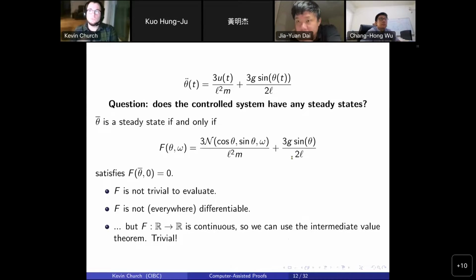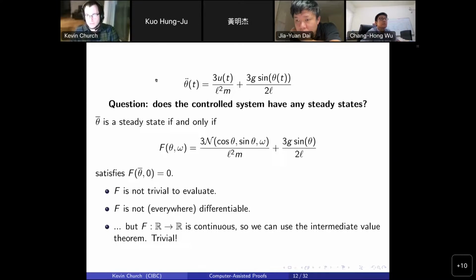A preliminary question, which is actually not too hard to answer, is: does this controlled system have any steady states? U up here in this very top equation is that neural network from before. For second order ODEs, we're going to have a steady state of this equation if and only if the right-hand side is 0.